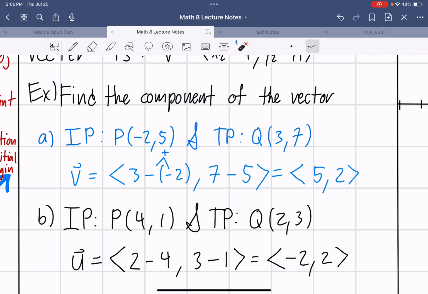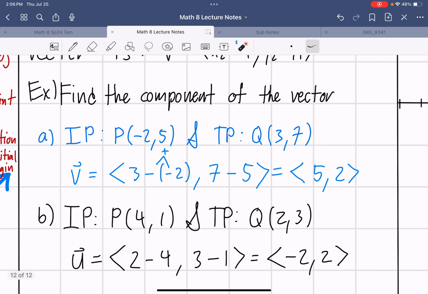And this is why it's very important that you don't switch the terminal with the initial. Because if you were to subtract in the wrong order, you would have 4 minus 2, which would be a +2. Now, for a linear equation, finding the slope, that didn't matter because in the slope formula, you either have the negative in the numerator or the negative in the denominator, because it was a change in y divided by the change in x.